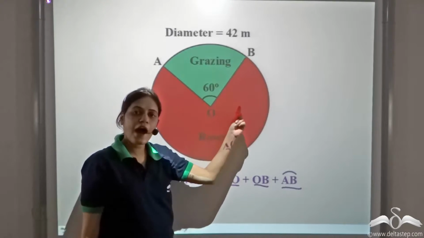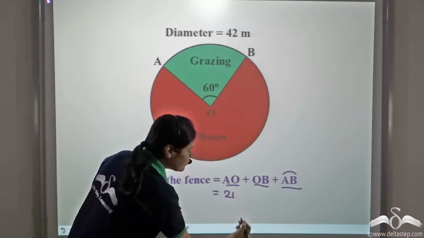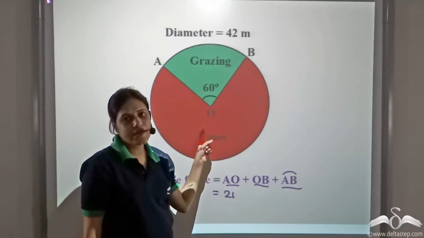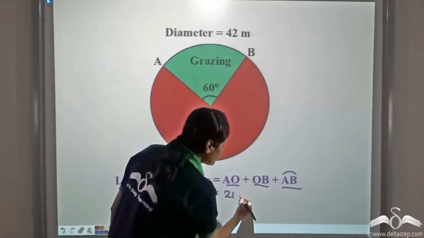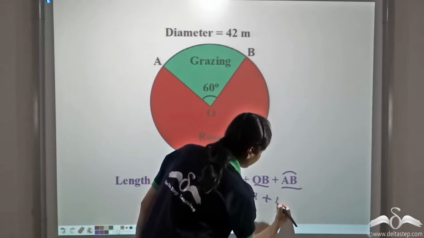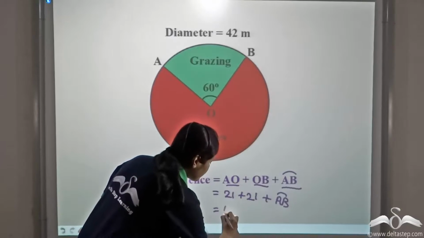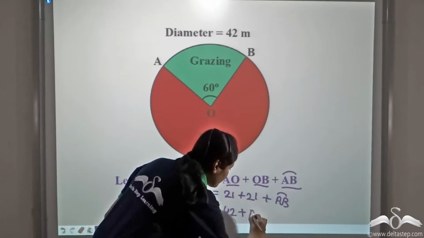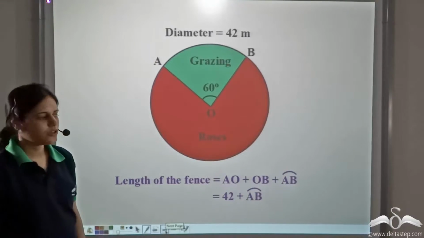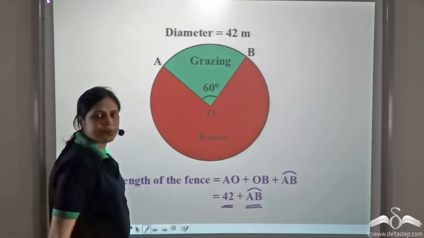So the radius will be half of the diameter, that is half of 42, which is 21. Again, OB is also a radius of this garden. So OB is also 21 meters, plus the length of the arc AB. So what we get is 42 plus the length of the arc AB.